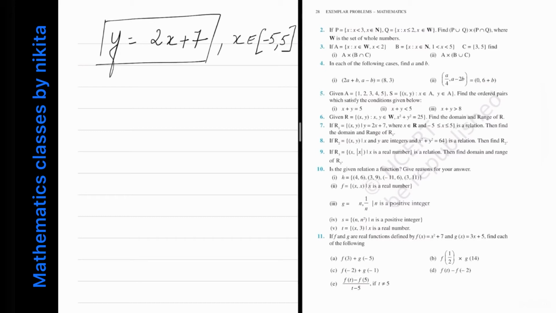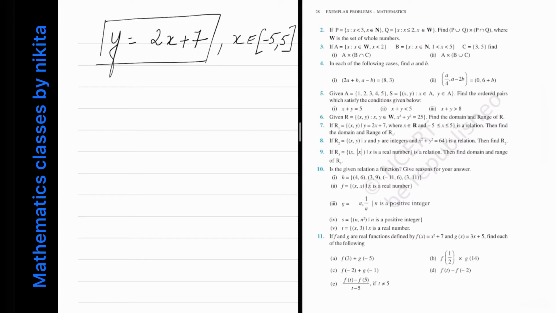Y is a linear function of x, and this relation is a function because for each x there is a unique y. For every x I will get a value of y, and it will be a unique real number. So this is a real function, and in fact you can see that as x increases y also increases, because the sign is positive, here it is +2, +2x + 7.